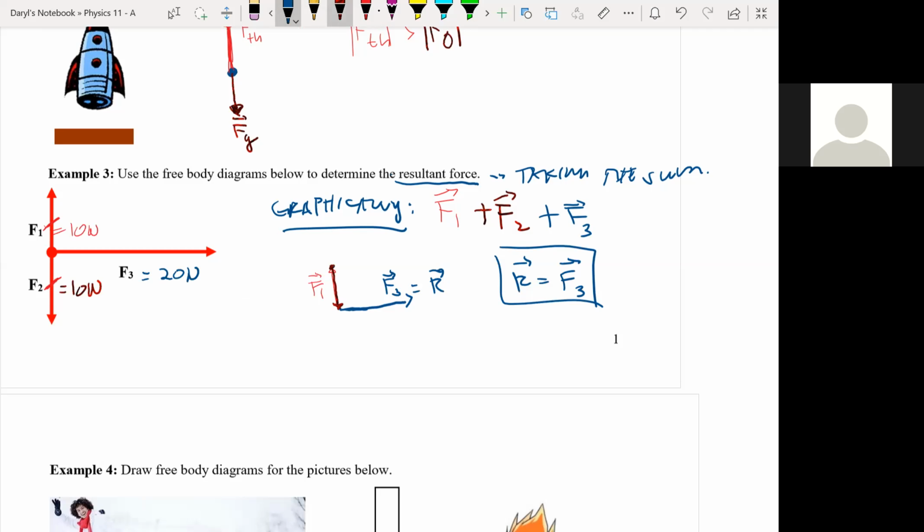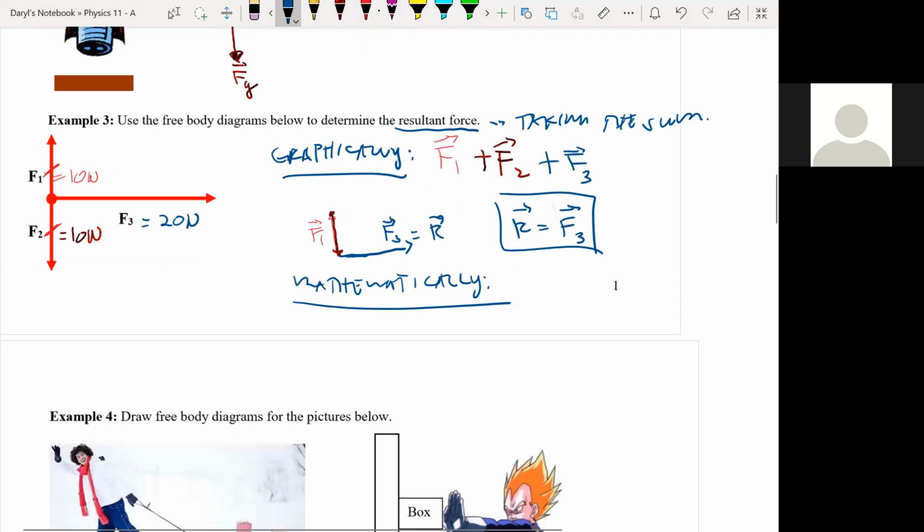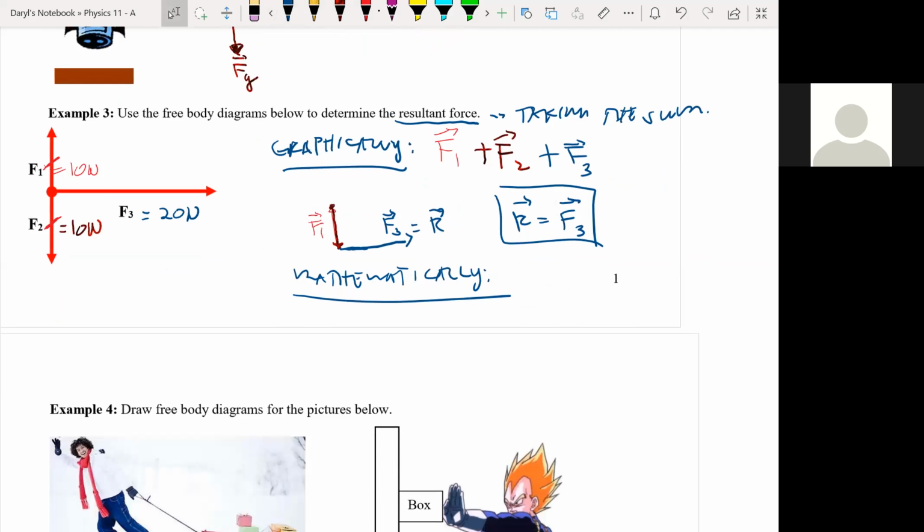So mathematically, remember that when you take the resultant, you can only take the sum of all x values and the sum of all y values.